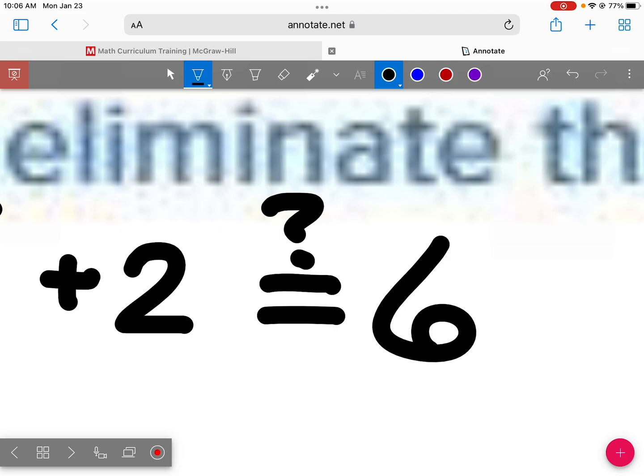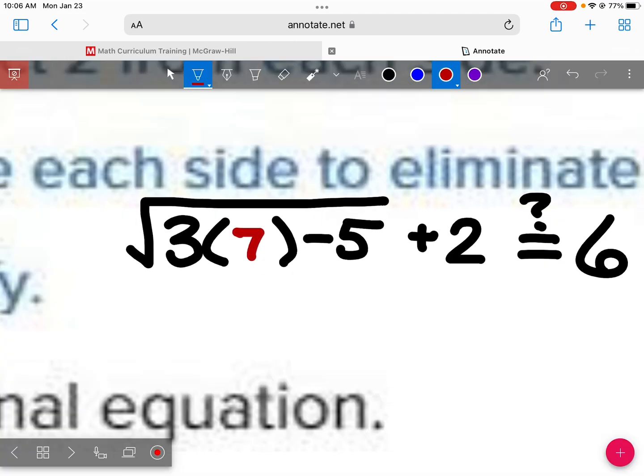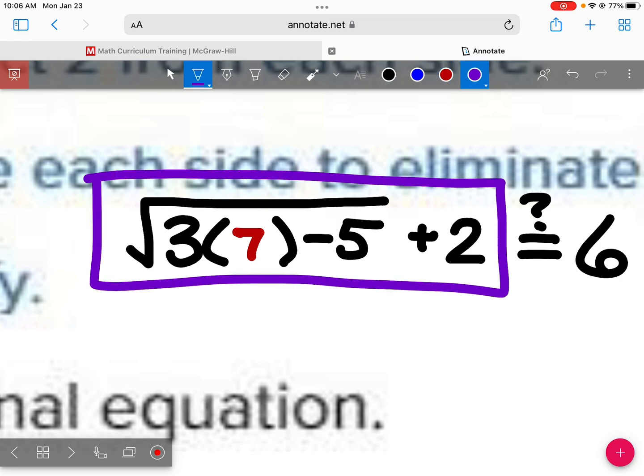What are we going to put in the place of x? 7. And so now I'm going to do all of my work just on this side. I'm not doing things to both sides. I'm staying on that side to see if when I simplify this, I get 6. So under the radical, what can I do? 3 times 7. What is 3 times 7? 21.